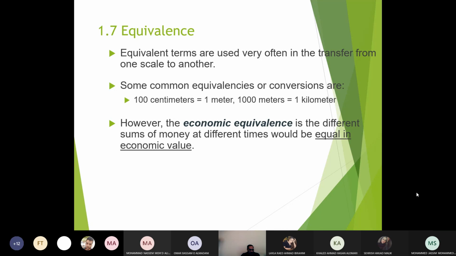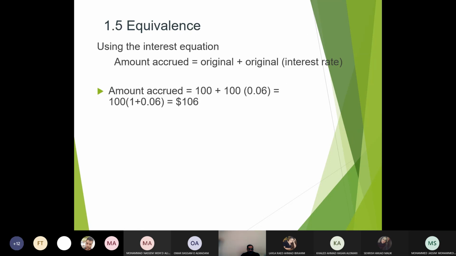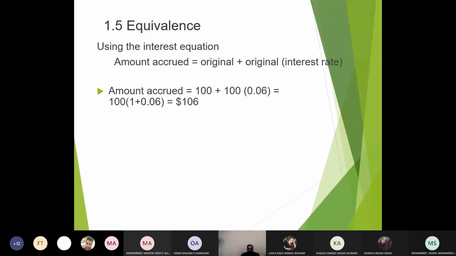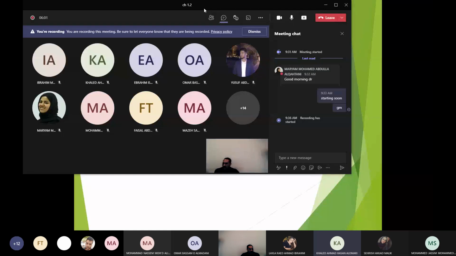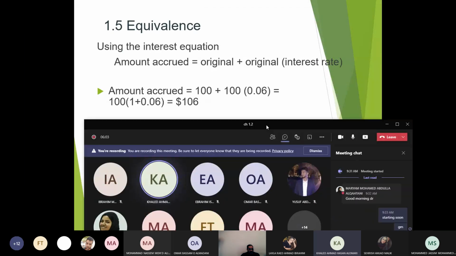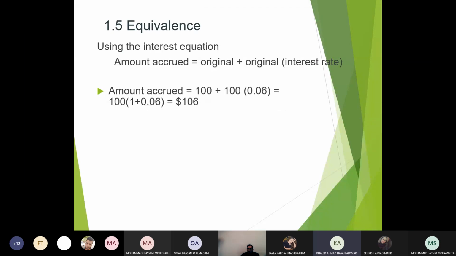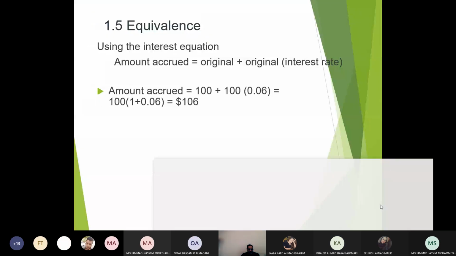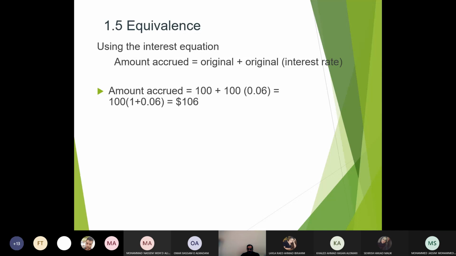I'm not sure why I can't see the... We can see the screen, Doctor. You cannot see it? We can see it. Okay, just give me a few seconds. I'm going to put it back. Now it's working, functioning properly. Okay. You can see it now, am I right? Yes. Okay, guys.